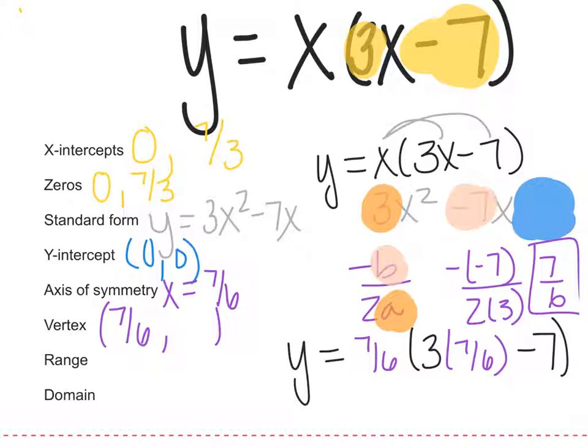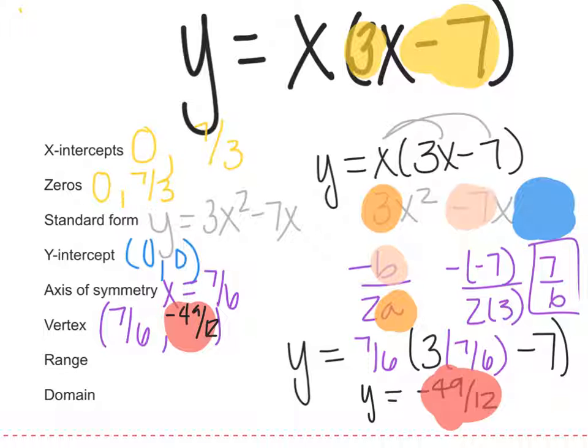And I would use the calculator to figure that out. And it gives me y equals negative 49 over 12. So a pretty ugly number there. But that now tells me the other half of my vertex. That tells me the y value of my vertex. So negative 49 over 12.